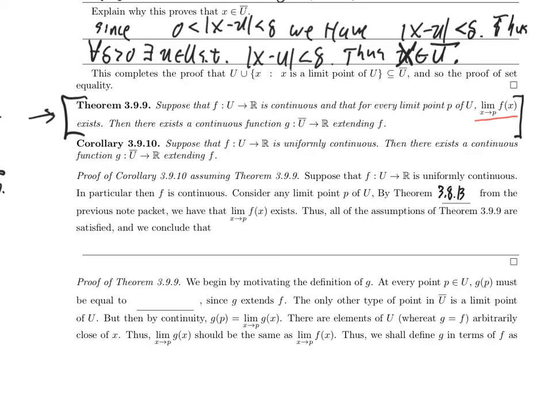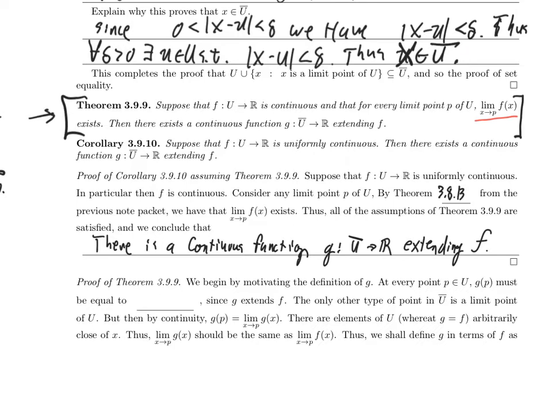That is, there is a continuous function g from the closure of U to R, extending f. Neato. Now on to the proof of theorem 3.9.9. Let's do it.